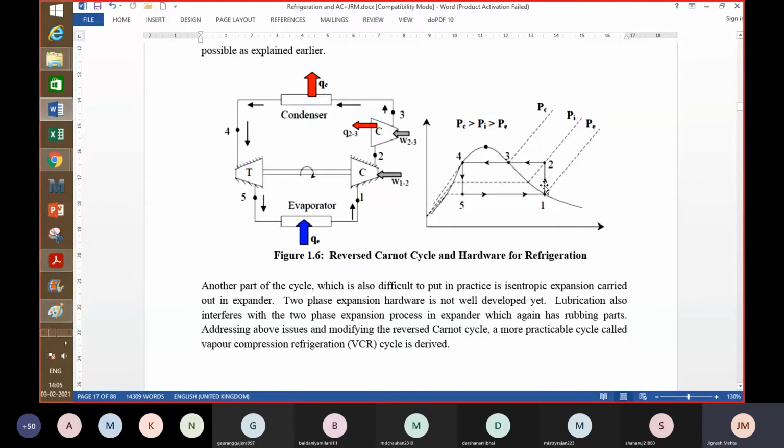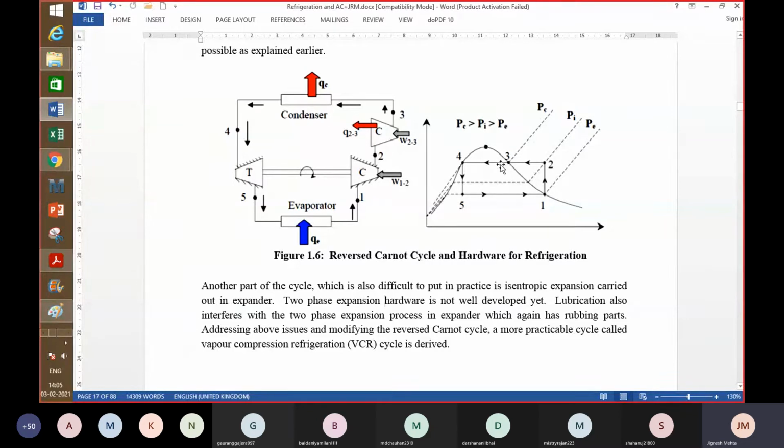What you may do is, rather than having these two compressors, you extend this adiabatic compression process up to the highest pressure, PC, the condenser pressure, and then move downward on this constant pressure line, and then it will become a constant pressure, constant temperature line. So that's how you may be able to carry out that process.